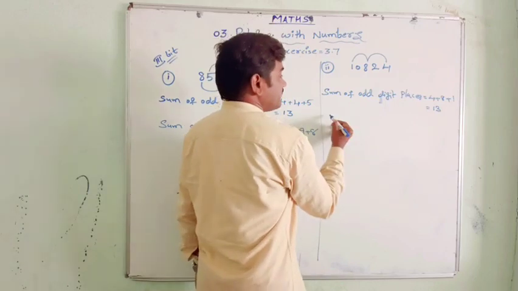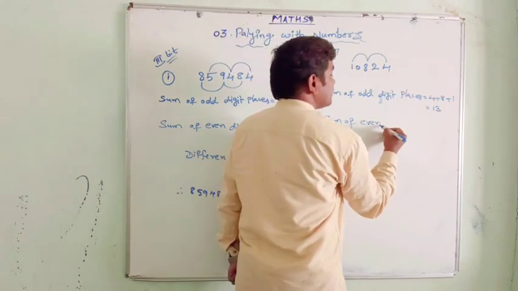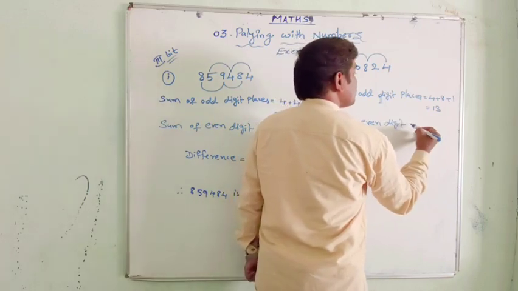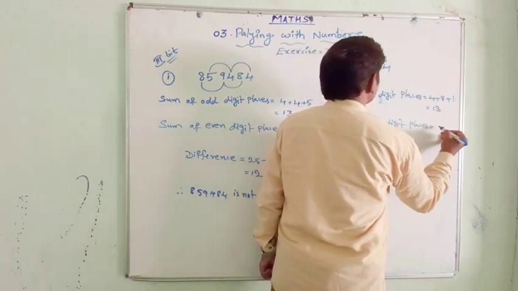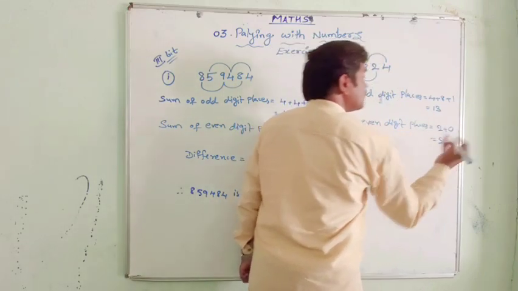Yes. Now the sum of even digit places, that is 2 plus 0, which equals 2.